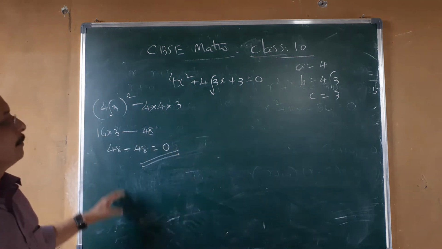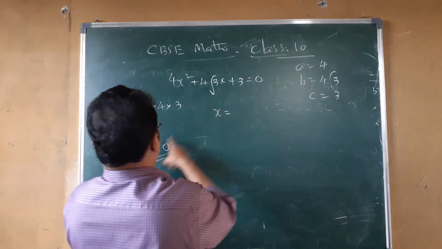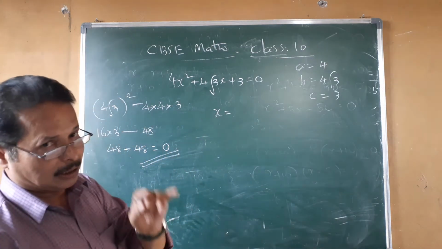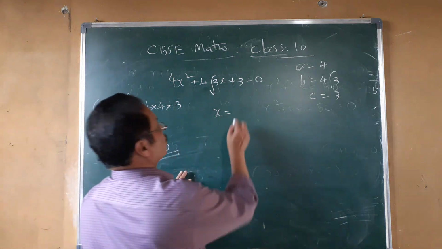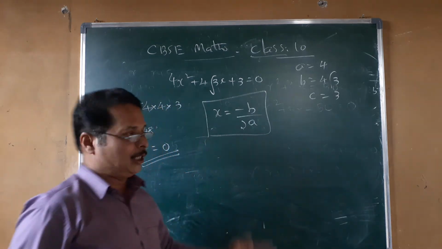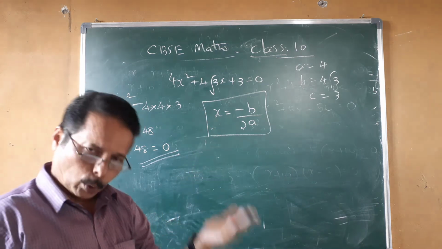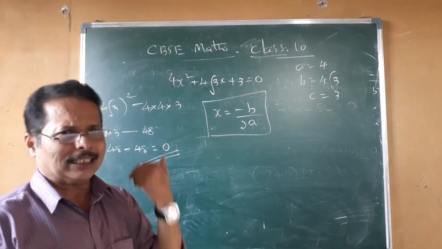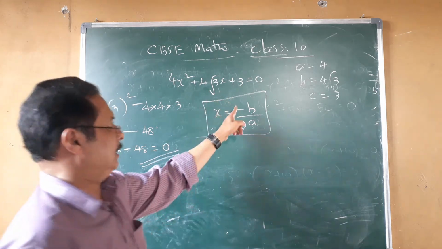Is it clear? You studied that if b square minus 4ac equal to 0, then there are two equal real roots, and the formula is x equal to minus b by 2a. It is not compulsory to write the total formula because root of b square minus 4ac is already 0, so plus 0 minus 0.